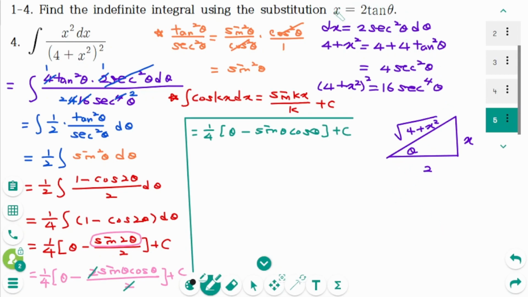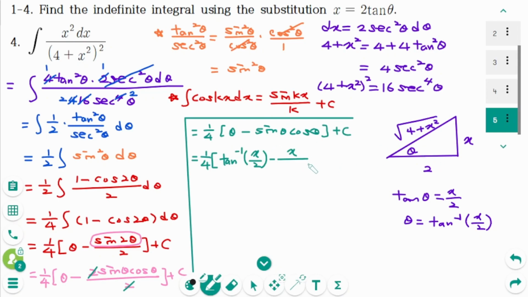And then from here, divide by 2, then tangent theta equals x over 2, then theta equals arctangent of x over 2. Then back to the original, 1 over 4, theta means arctangent of x over 2 minus sine theta, which is x over square root of 4 plus x squared, times cosine theta, which means 2 over square root of 4 plus x squared, plus c.